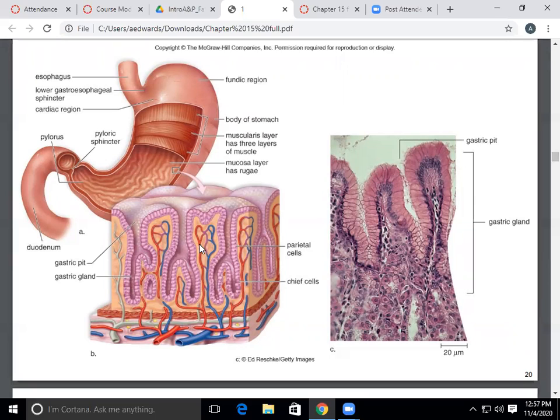And you have cells, like the cells lining the pit, called parietal cells. You also have a few chief cells, which we'll get into later. But these cells have a lot to do with the enzymes that are secreted into your stomach to break down your food. Okay. So here's your gastric pit, but this whole thing is considered a gastric gland.